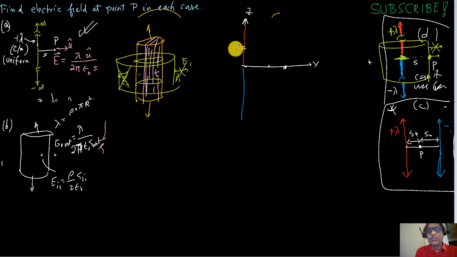This is a dz' at distance z'. So the source point's coordinate is (0, z'), and the field point is (x, 0), so this x is actually equal to s for us. I'll just put x there, and we need this distance.